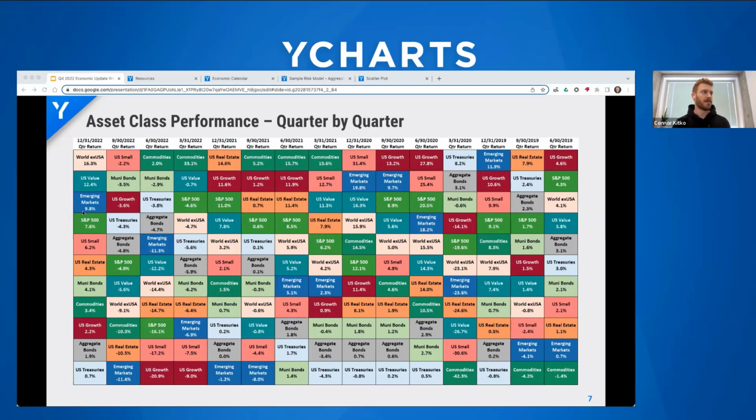And it's pretty remarkable just to look back at Q1 ending 3/31/22. In that quarter, just one asset class posted positive returns, being commodities. And the same thing happened in Q2 of 2022, where only commodities posted a positive gain. In Q3, not a single asset class was positive. And then now in Q4, every single asset class on our quilt has gained value.